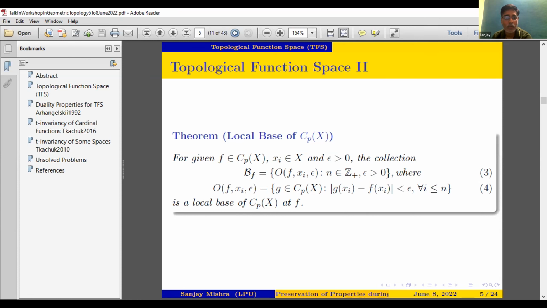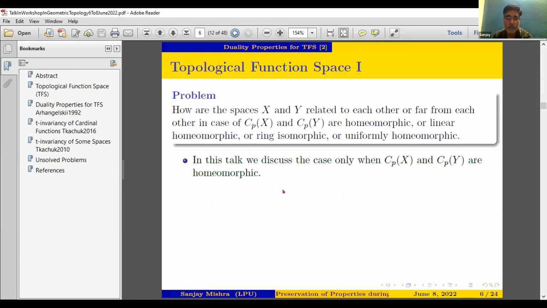So this is the local base of C_p(X) at any element f of C_p(X). Mainly, we are going to discuss the topology of pointwise convergence on the structure C(X).